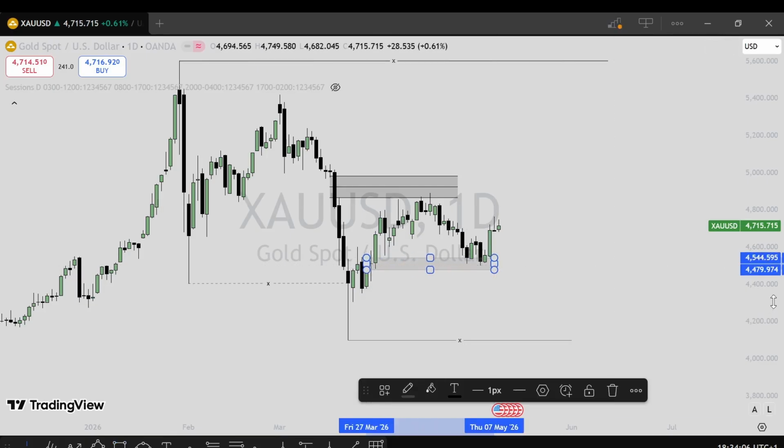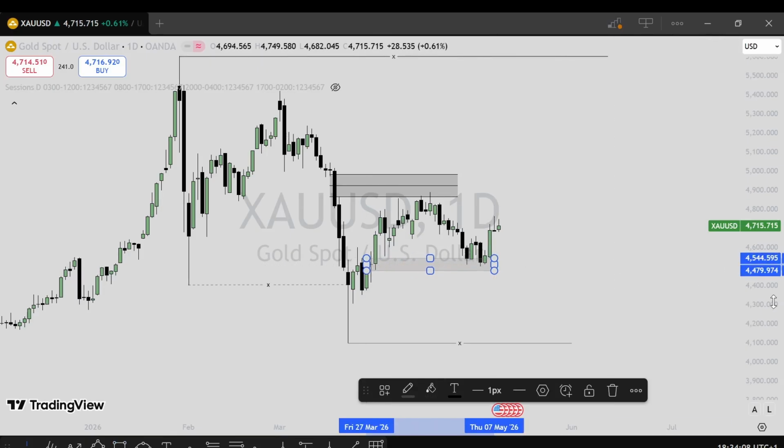Now, one thing about my trading approach is wherever my POI is and wherever I'm expecting price to dive into my POI, there are certain things I'm expecting to happen in that particular place. There are certain structures I'm expecting to form on that institutional reference point or POI.